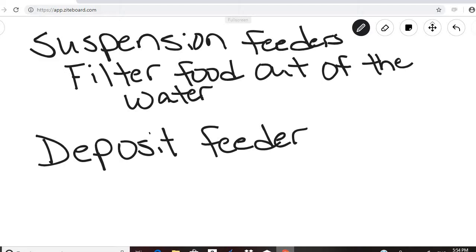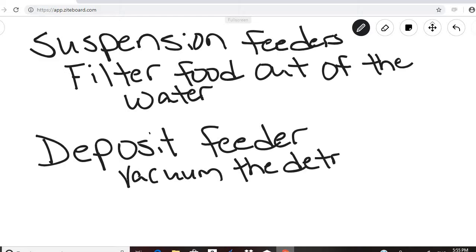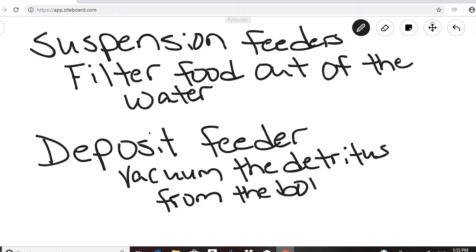And then the deposit feeders have mechanisms with which they are able to vacuum the detritus from the bottom. Sometimes that might involve vacuuming the whole substrate and then sorting out the useful detritus.